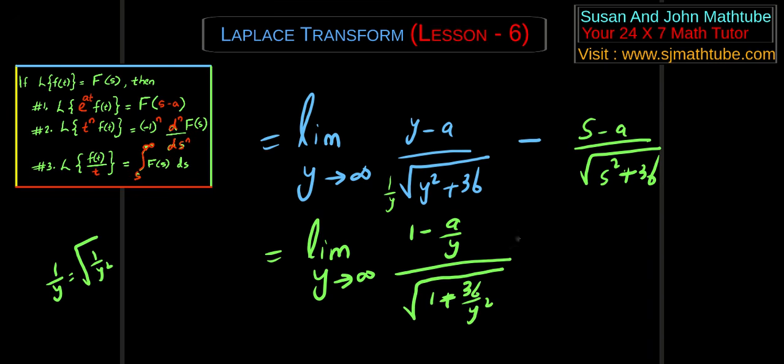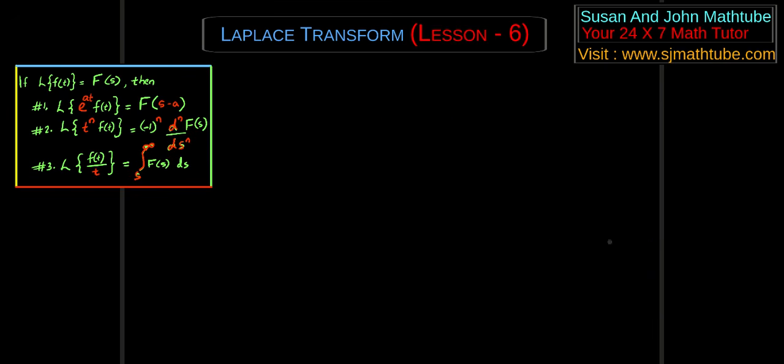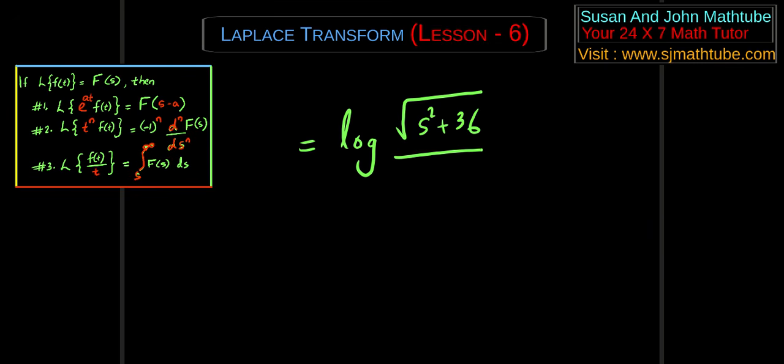Minus the same thing, (s minus a) by root under (s square plus 36), because this will not be affected by the first one. Anyway, as usual, this became log 1 and 0. We forgot to write log because the whole story depends on log. Anyway, you understood. So the answer will be log (s square plus 36) by (s minus a), I skipped a lot of steps, you can try it yourself.